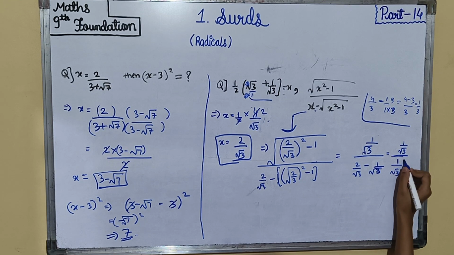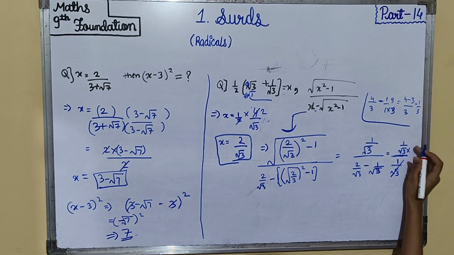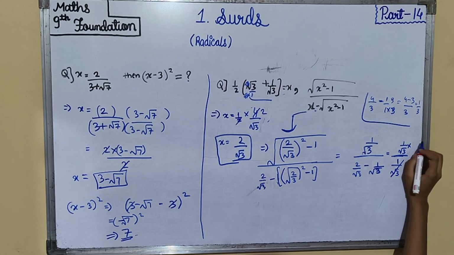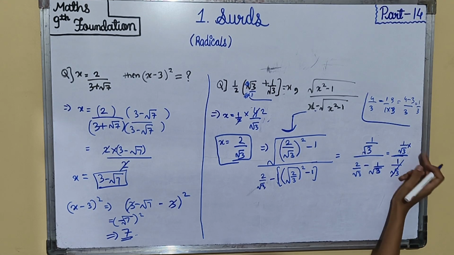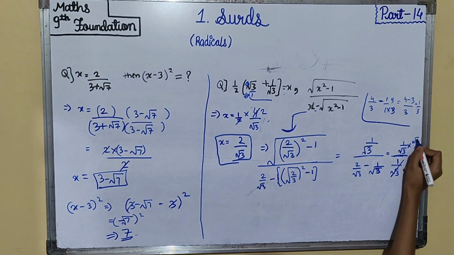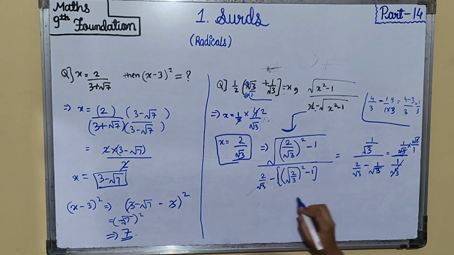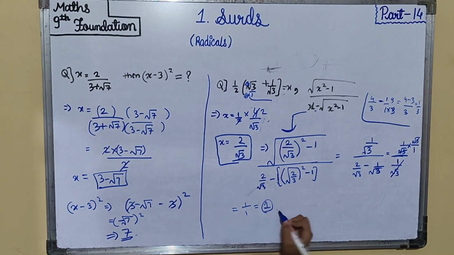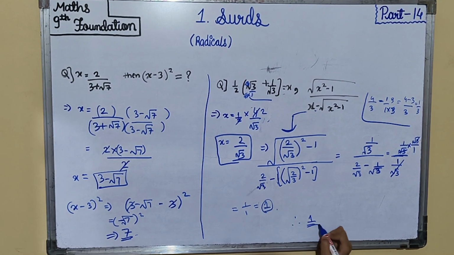This was in division, so it will take the reciprocal and move to multiplication. So root 3 upon 1. Root 3 will get cancelled. Remaining 1 upon 1, that is 1. Therefore, the answer of the question would be 1.